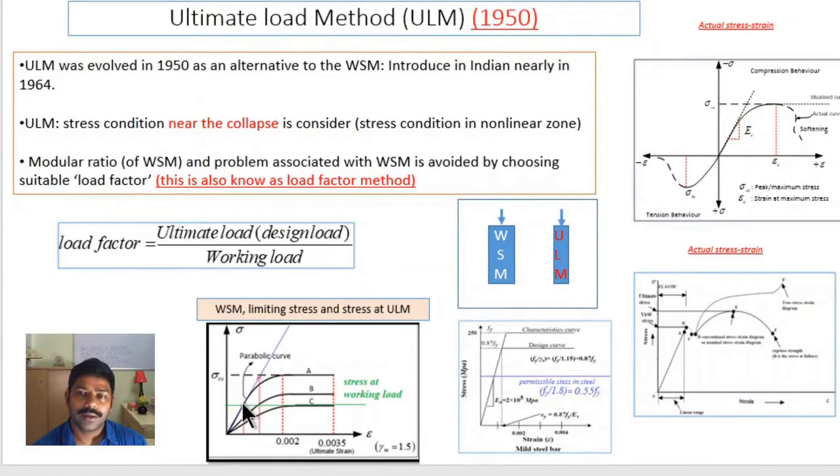Since it was based on linear elastic theory, stress was allowed only up to the linear part. Now what is the ultimate load method doing? It is allowing the stress to reach failure. If you draw the tangent line and extend it, the ultimate load method allows the stress to reach near the ultimate load.